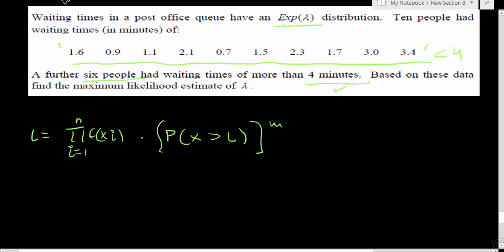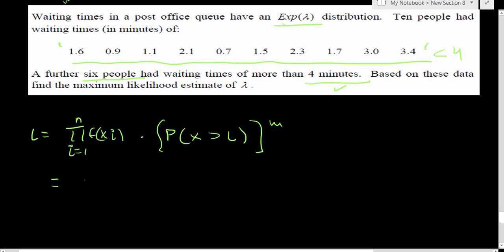So this is what it looks like. Now we know that m and n are equal to some values. n is 1, 2, 3, 4, 5, 6, 7, 8, 9, 10, 10 values.